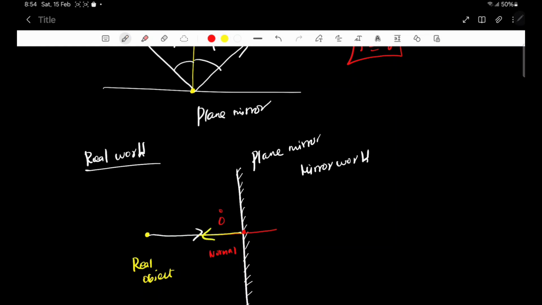Now consider one more light ray from the same real object, but this light ray we consider at some arbitrary angle to the plane mirror surface. At this point of incidence, you can draw the normal line once more. You can see very clearly here that the incoming light is making a certain angle to the normal line. Let me call that angle i.